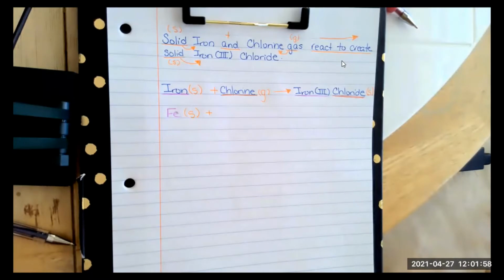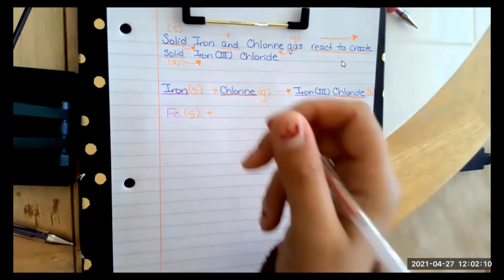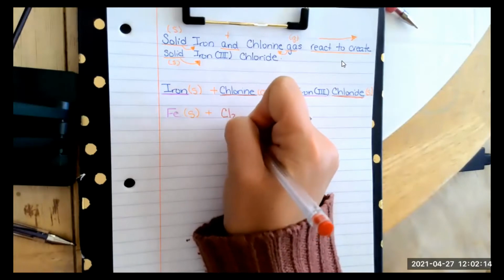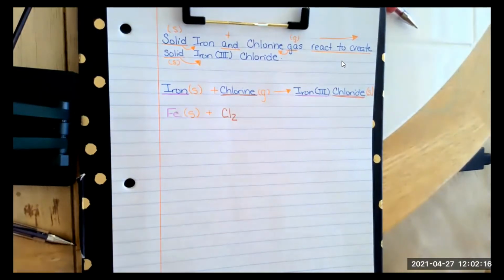Now remember, chlorine is diatomic, and just a reminder, your diatomics are your chlorine, bromine, fluorine, iodine, hydrogen, nitrogen, and oxygen.